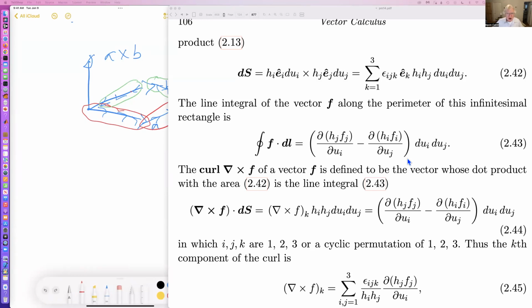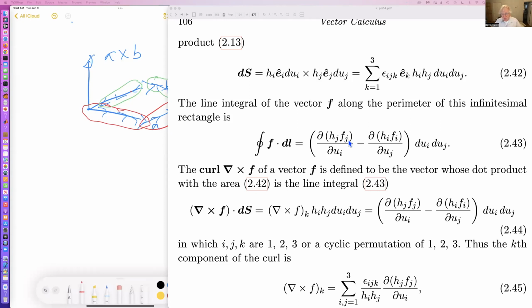Okay. And so what is that integral? Well, it's h_j f_j, and that would correspond, let us say, to this integral here, h_j f_j du_j.